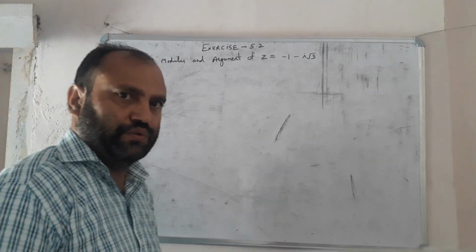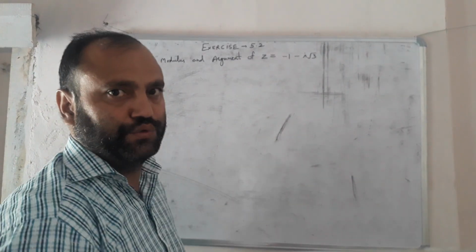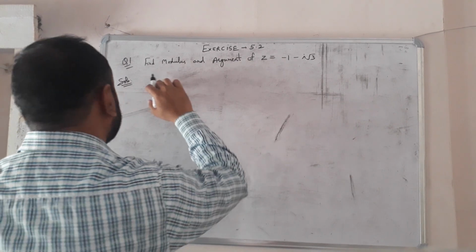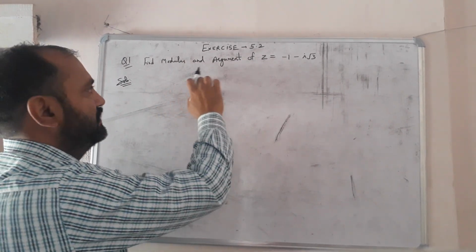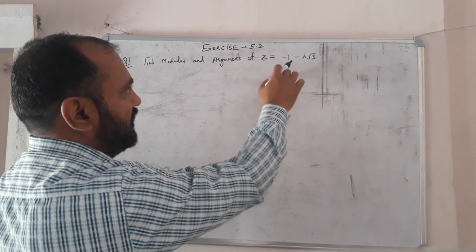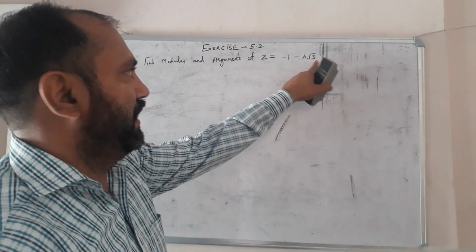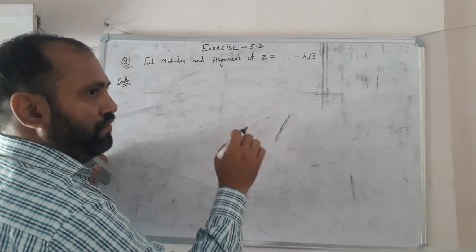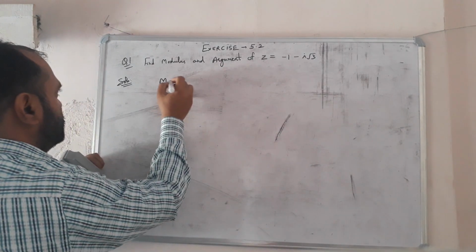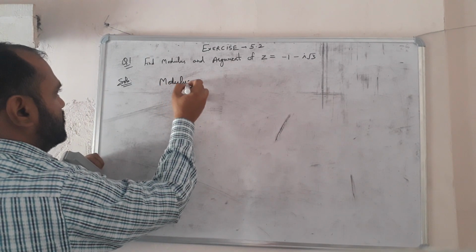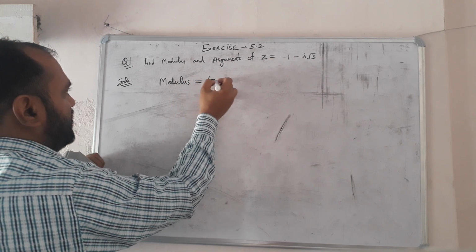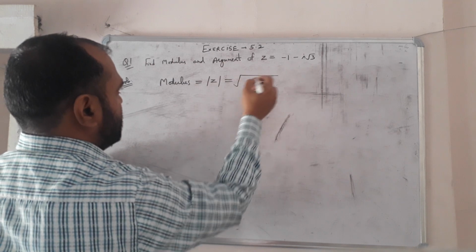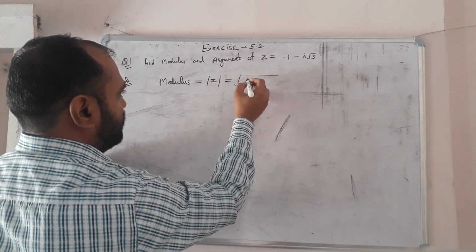Now let us do the exercise 5.2. The first question is: find the modulus and argument of z is equal to minus 1 minus iota root 3. As we know how to find the modulus, it is represented as mod z, and its formula is root a square plus b square.